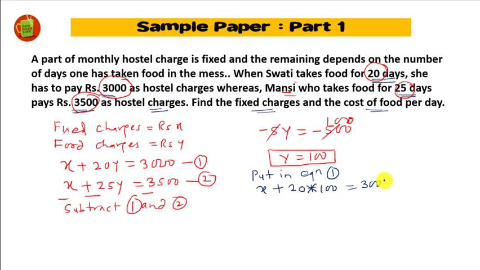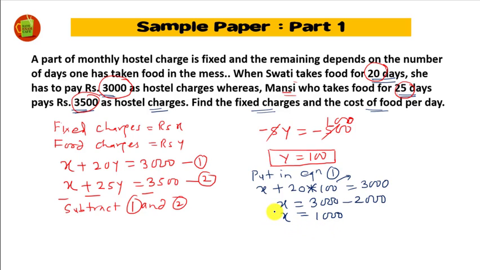So x plus 2000 is 3000. If you take 2000 to the other side, it will be minus 2000. So 3000 minus 2000, that will be 1000 rupees, and so x is equal to 1000 rupees.